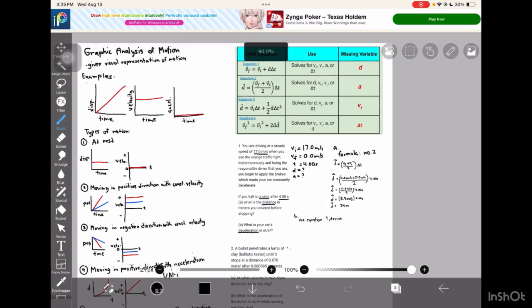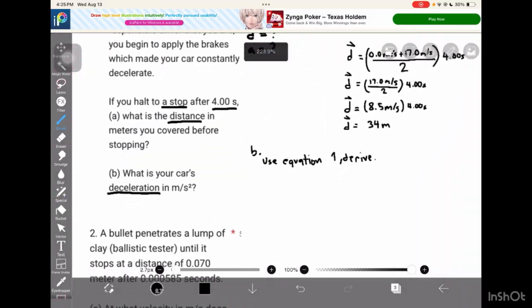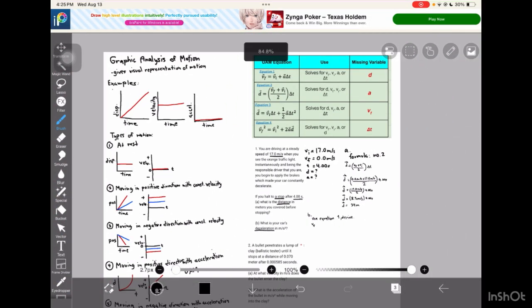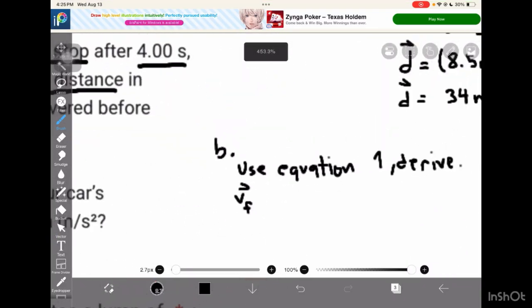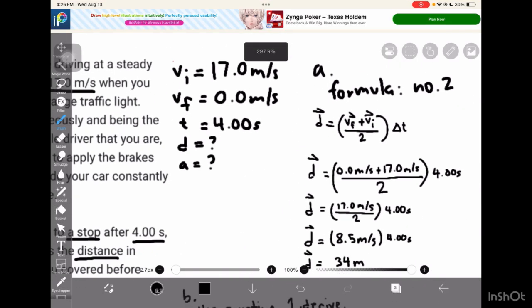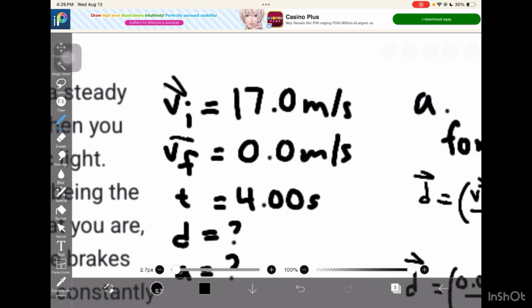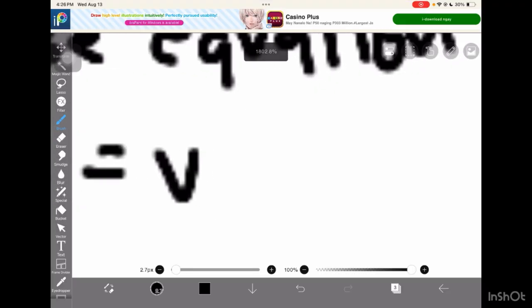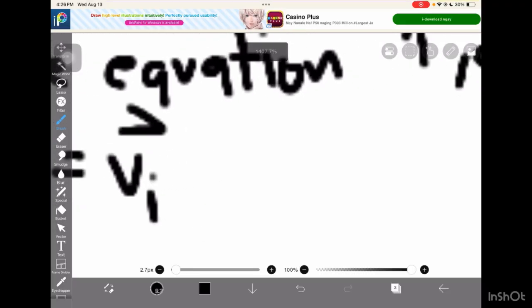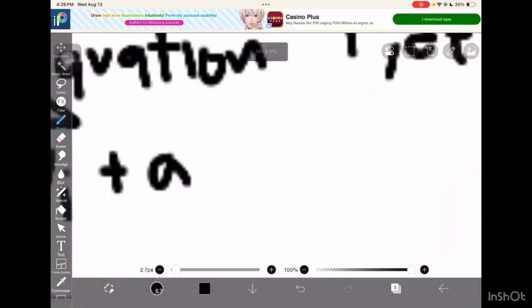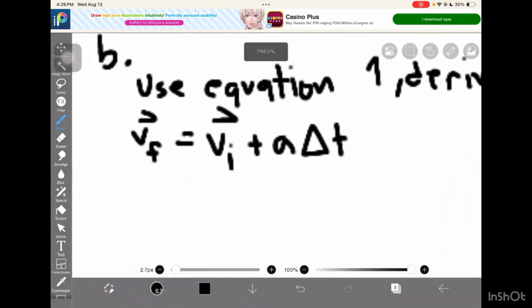We have v sub f equals v sub i plus a times t. Oh, I forgot the arrows, did I? Yeah, hold on. There you go. V sub f is equal to v sub i plus, isn't it a delta t? Yeah, a delta t, or just at.